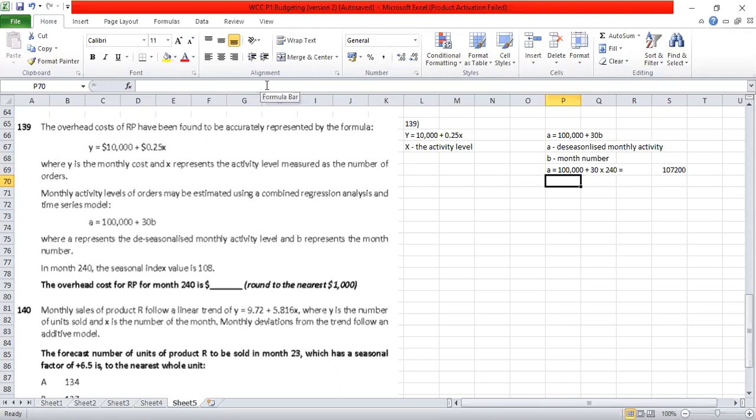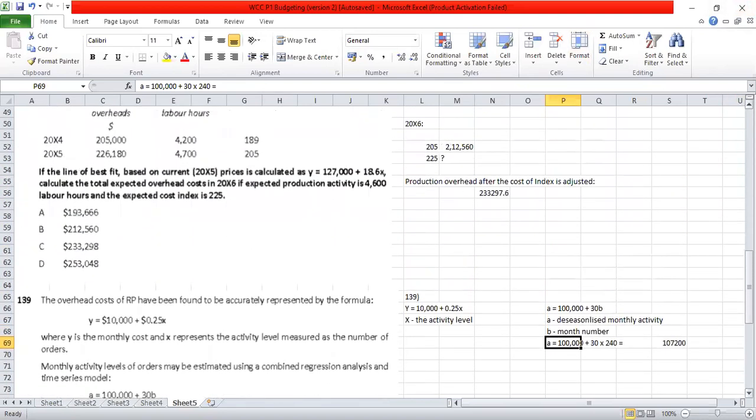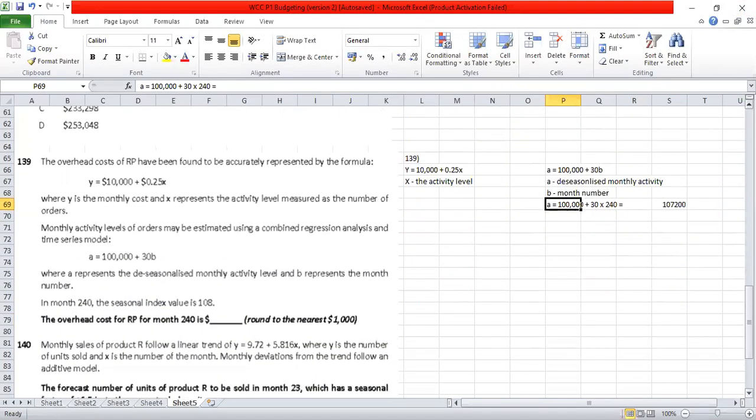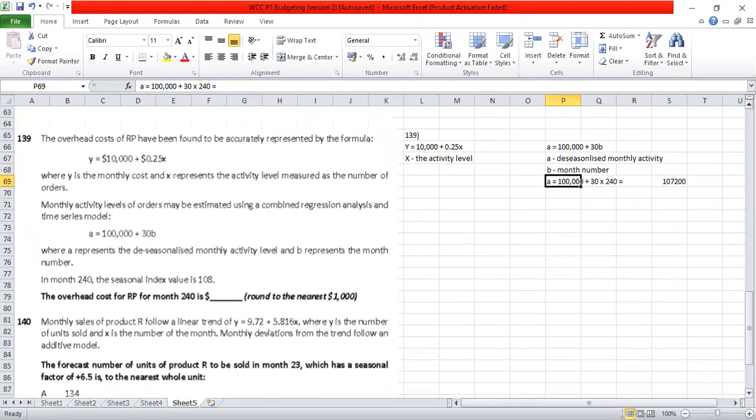Index value is given as 108. In the previous question, we were given index numbers over a period of time: from 189, it moved to 205, and from 205 to 225. But here we don't have index numbers over a period of time. It simply says the seasonal index value is 108, so that has to be incorporated.